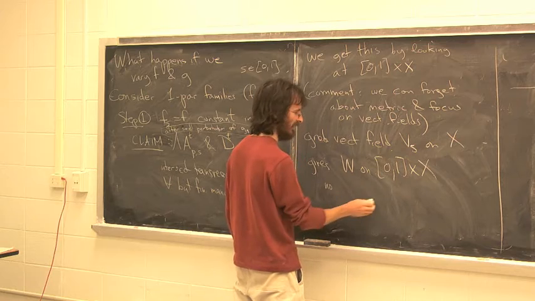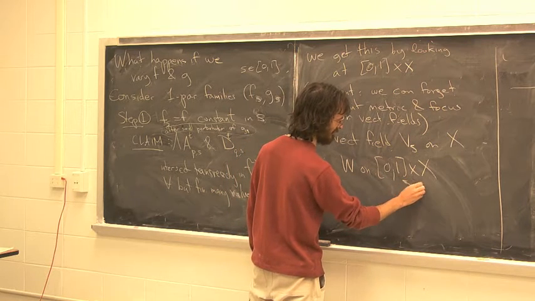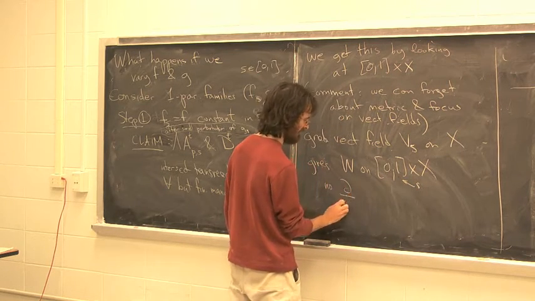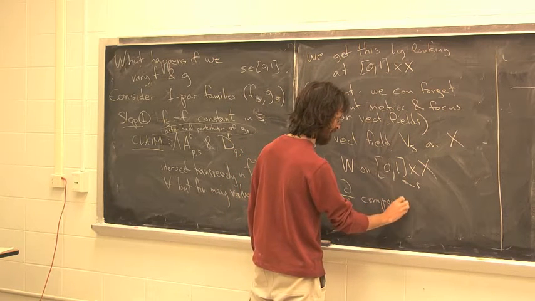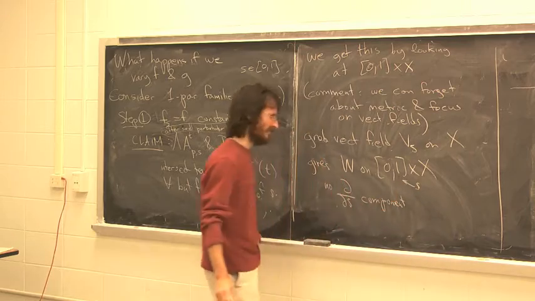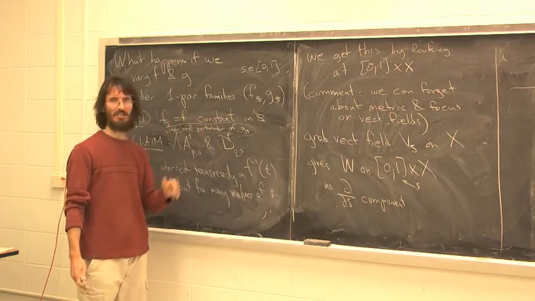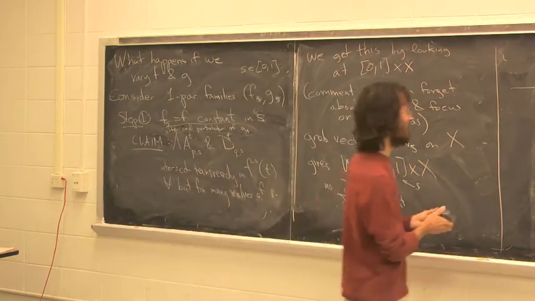If I call this s direction, no d by ds component. Understand what I mean? And on the s cross X slice, it's v sub s.